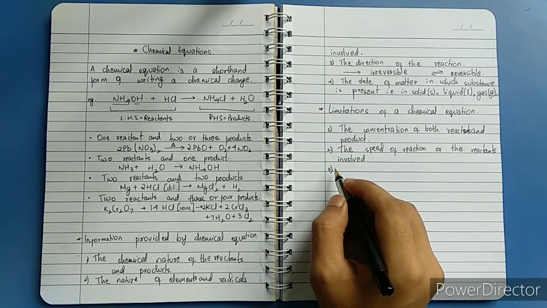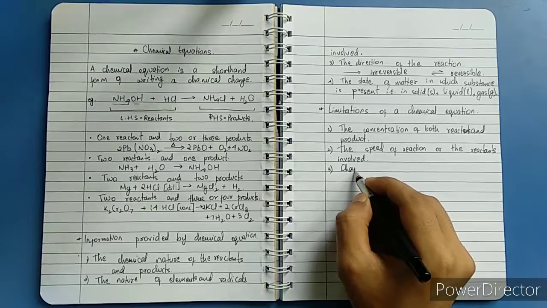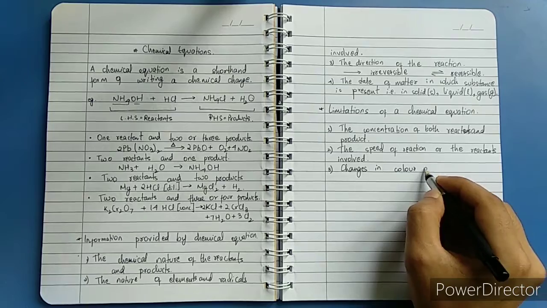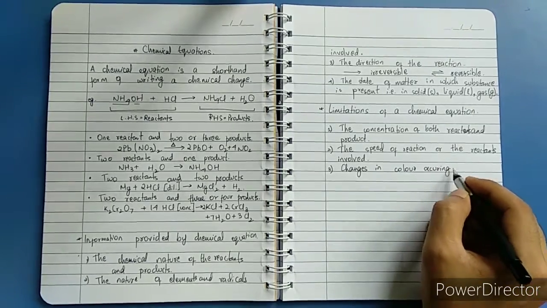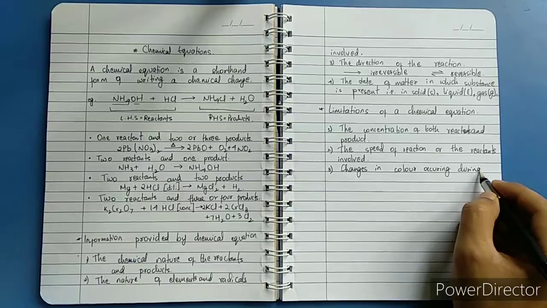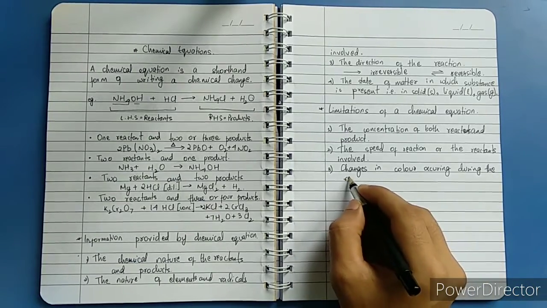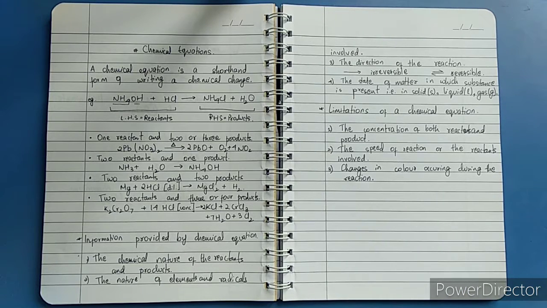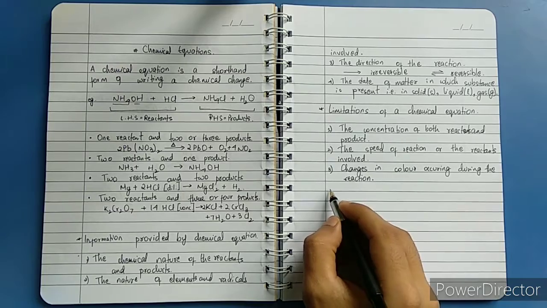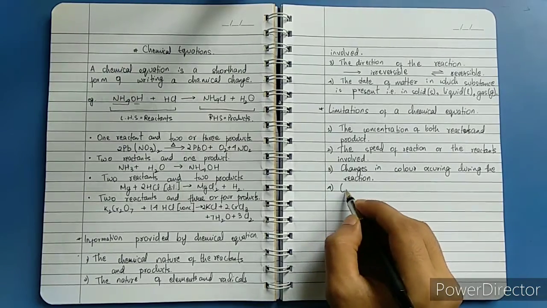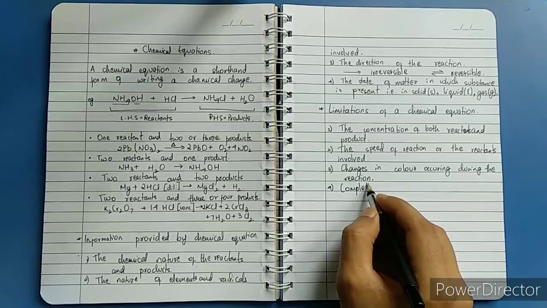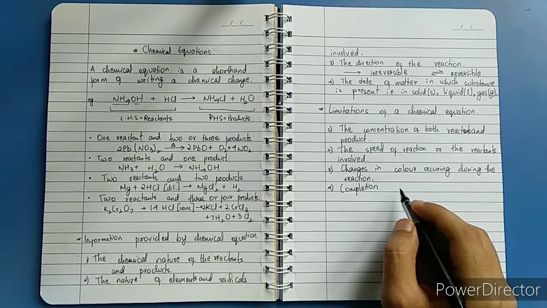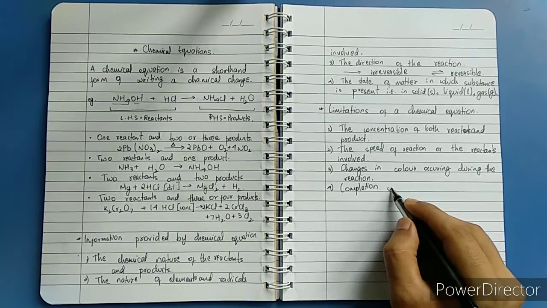Third, changes in color occurring during a reaction. What color the solution formed has is also another limitation. It's not given in a chemical equation. Number 4, completion of the reaction, that is, when the reaction is complete, is also not told by a chemical equation.